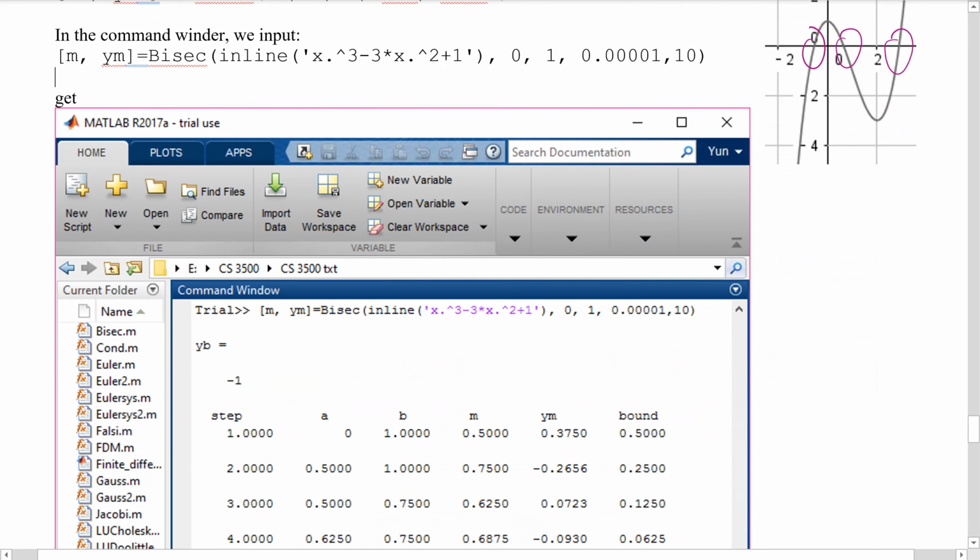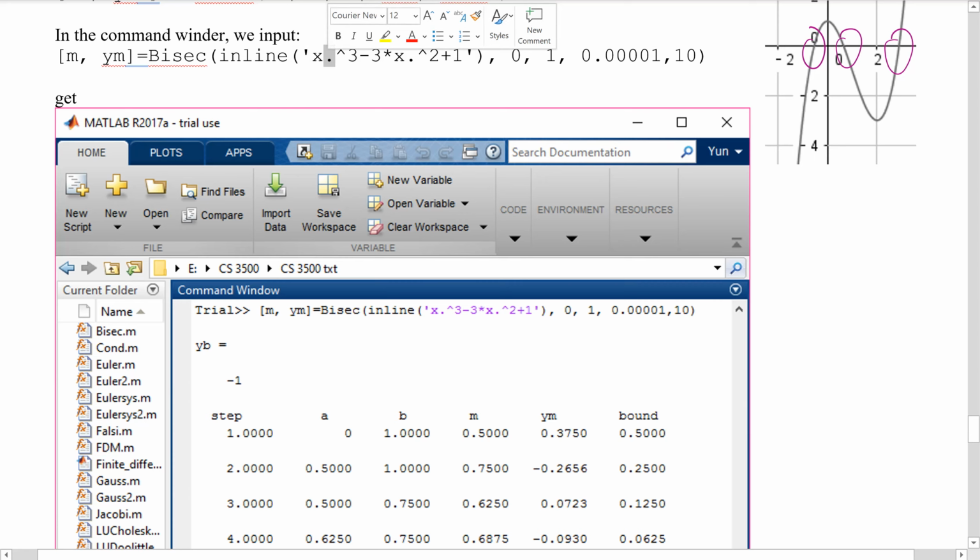Keep this in mind. For functions, you input inline, then parentheses, single quotation mark, x dot, to the 3. You need a dot when you have a vector.